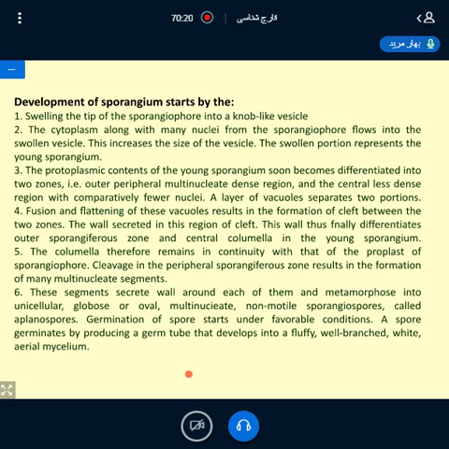Germination of a spore starts under favorable conditions. A spore germinates by producing a germ tube that develops into a fluffy, well-branched, white aerial mycelium.